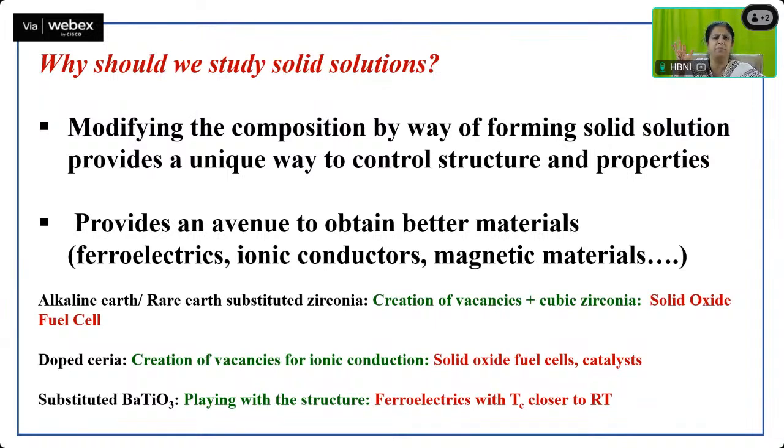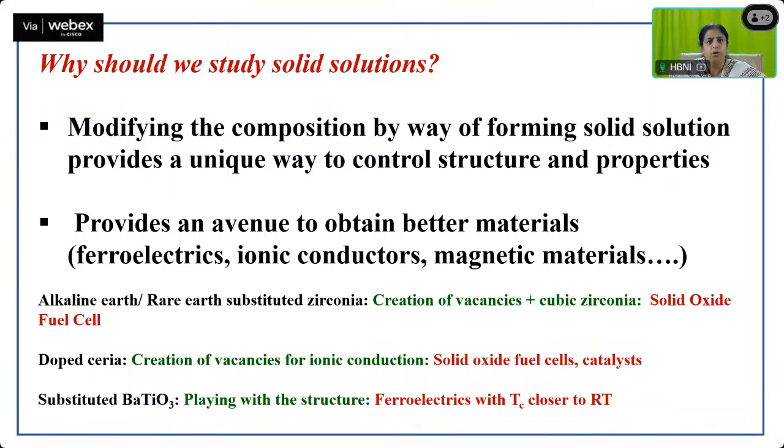It has many applications, for example solid oxide fuel cells, catalysis and so on. Ceria as such also is a good ionic conductor at relatively lower temperature as compared to zirconia. But in ceria also, if Ce4+ is replaced by a trivalent ion, that creates vacancies and makes it a further better ionic conductor with many applications.